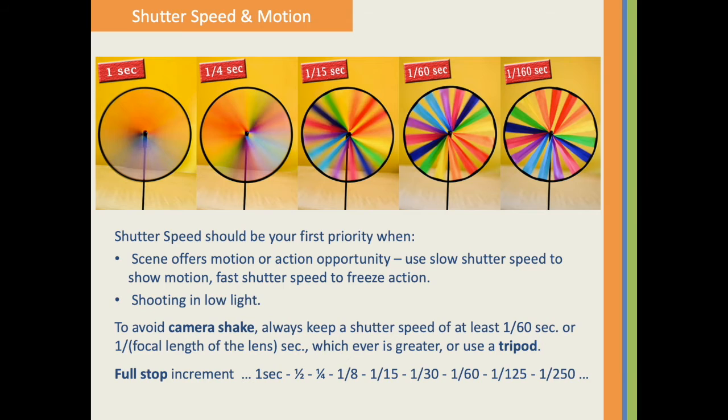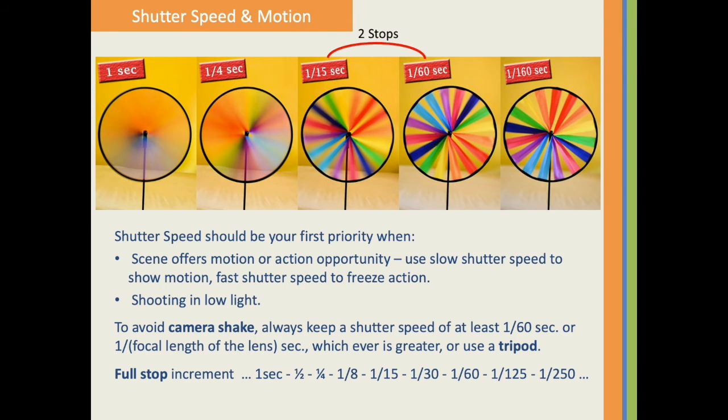So I'm going to cut by half the light that is entering my camera. Reversely, when I go from 1/30 of a second to 1/15 of a second, I'm going to slow my shutter speed, so my shutter is going to be open for longer. So I'm going to double the amount of light that is entering my camera.